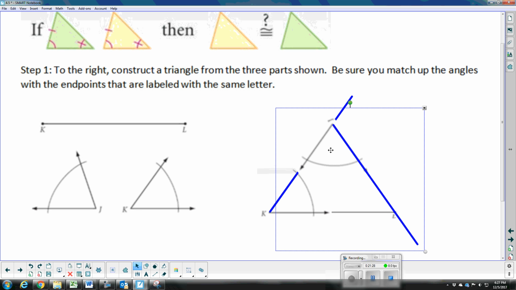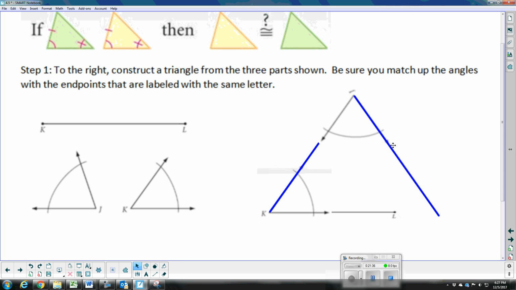Okay, so KJ has to be this long, and KL, which was a fixed segment, has to be this long. So if I have this long of a segment for KJ, which this is KJ right here, we'll do it in red.